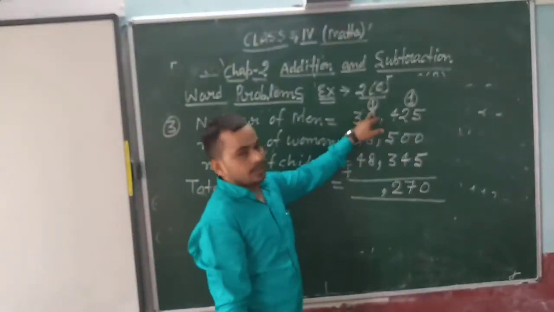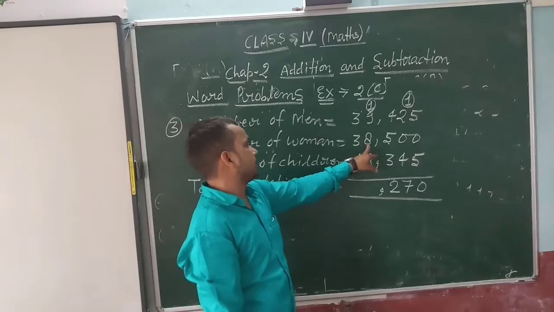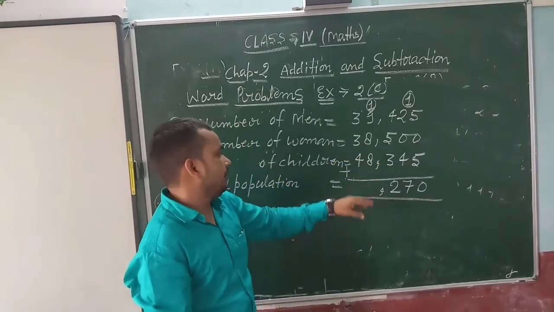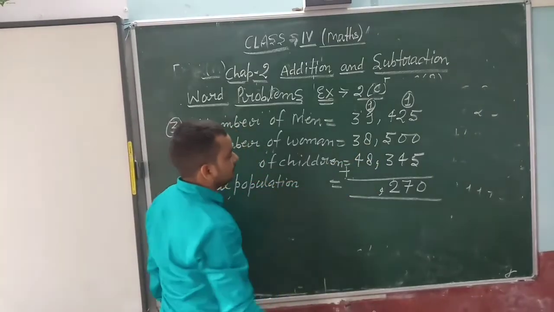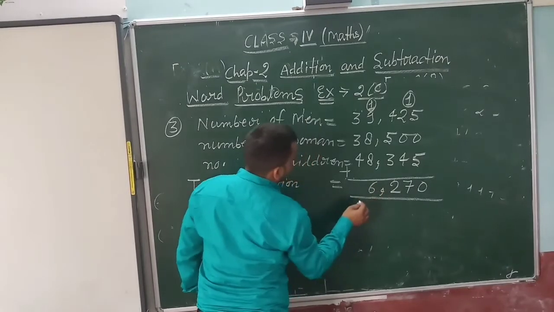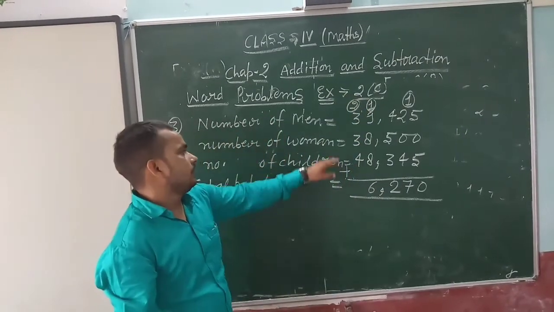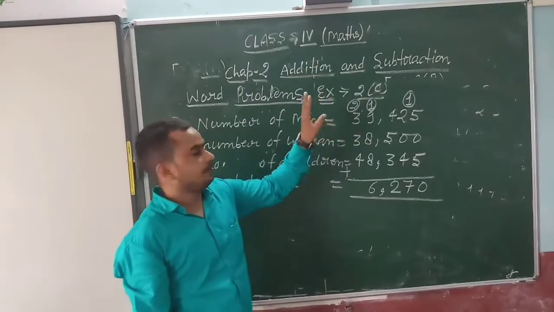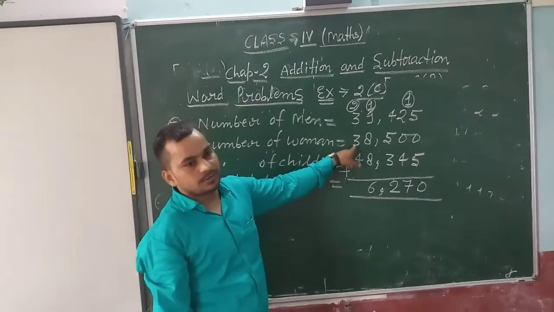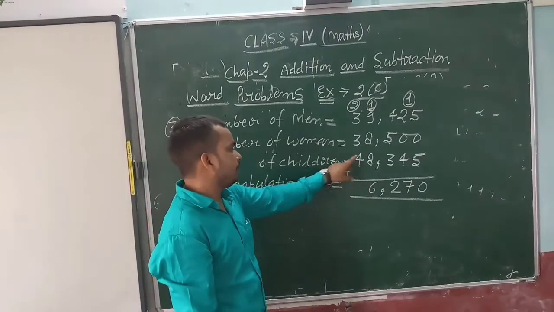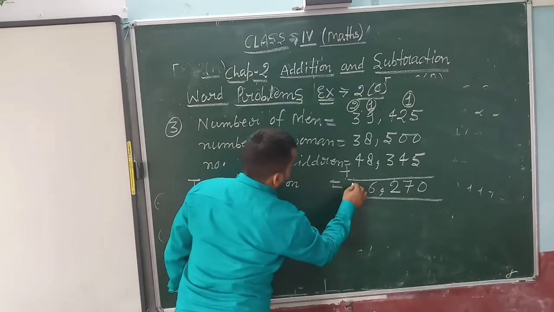Then 9 plus 1, 10. 10 plus 8, 18. 18 plus 8, 26. Carry out 2. So 2 plus 3, 5. 5 plus 3, 8. And 8 plus 4, 12.